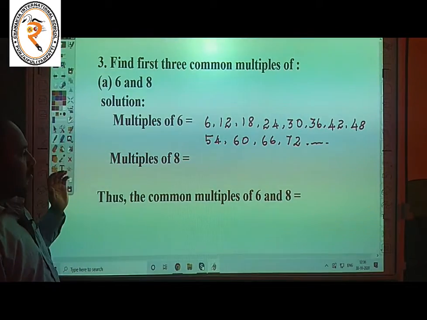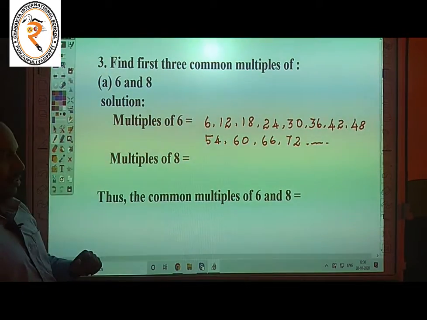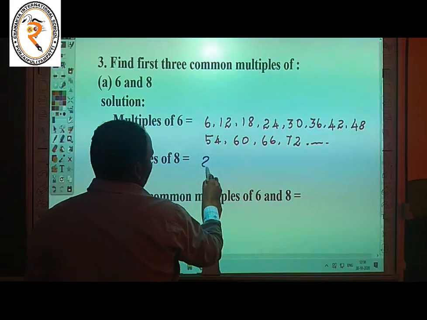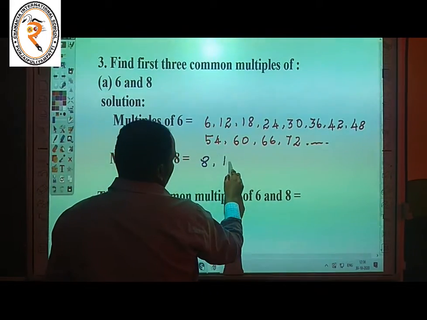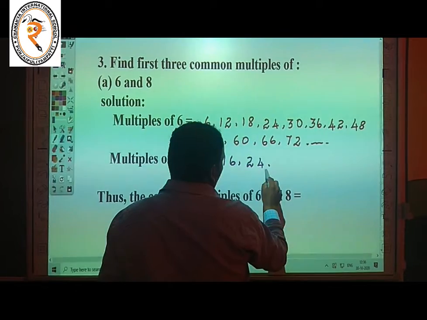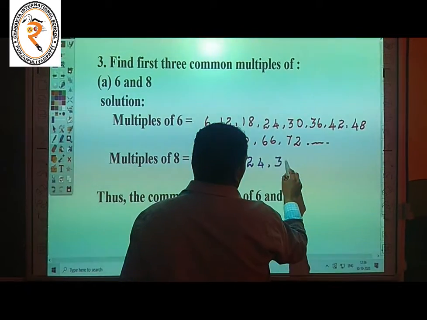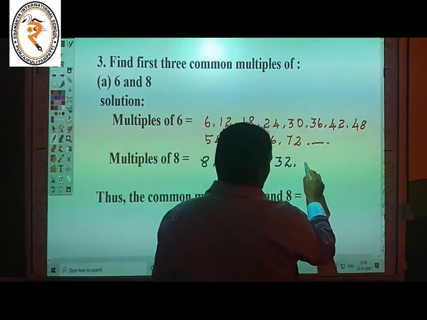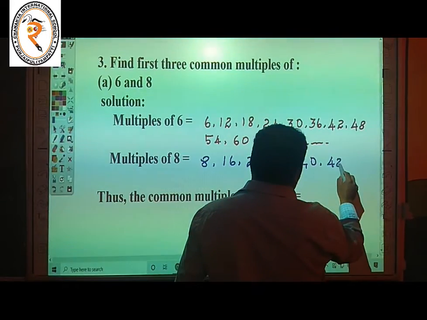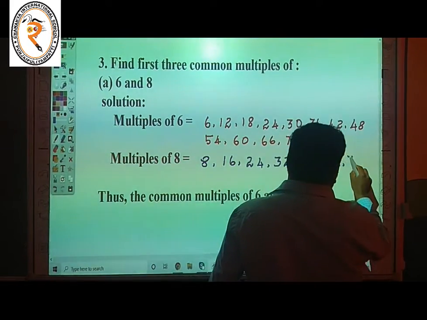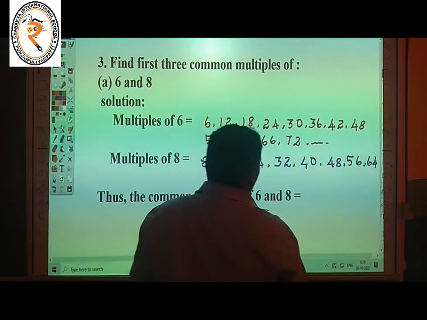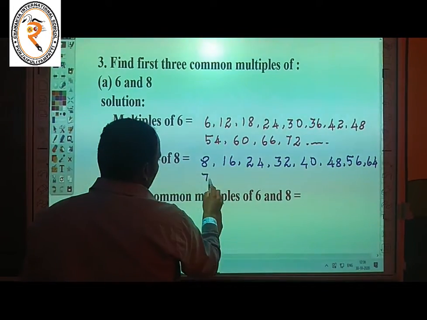The next one, you want the multiples of 8. Multiples of 8, that means 8 table. 1 8 is 8. 2 8s are 16. 3 8s are 24. 4 8s are 32. 5 8s are 40. 6 8s are 48. 7 8s are 56. 8 8s are 64. 9 8s are 72.